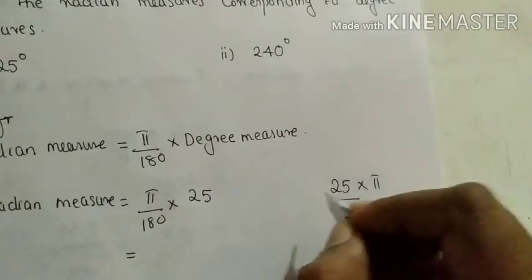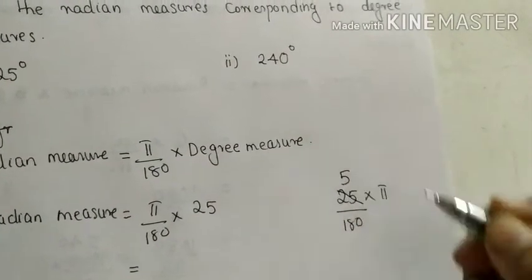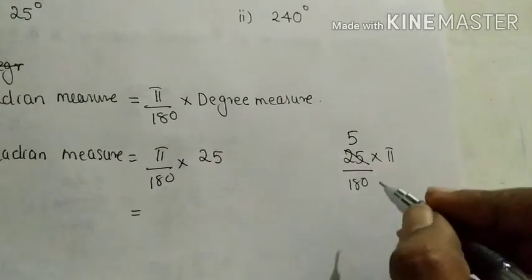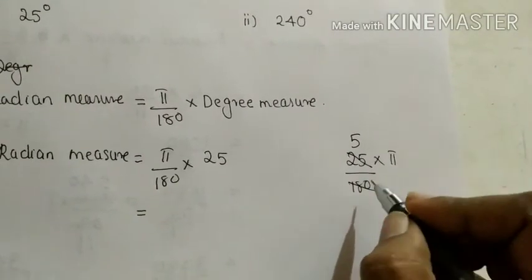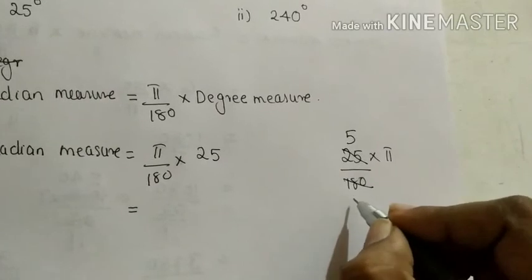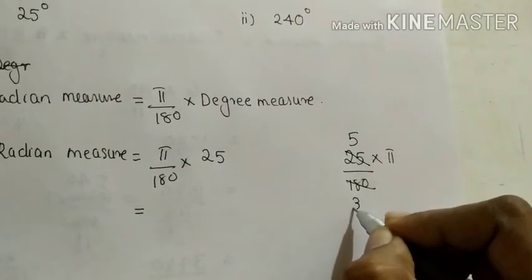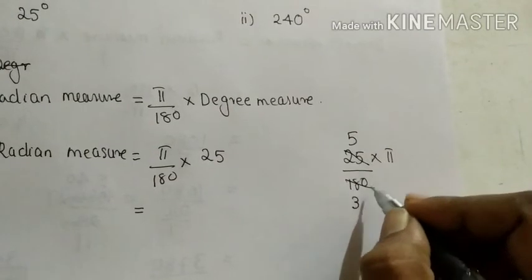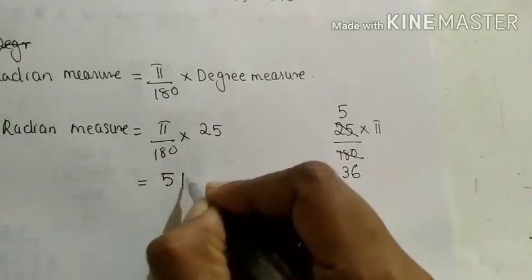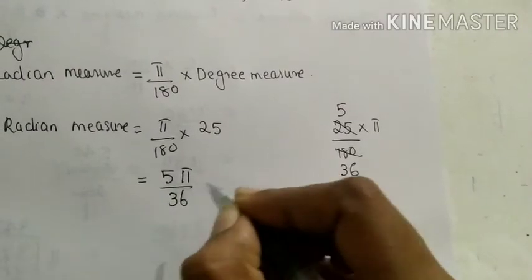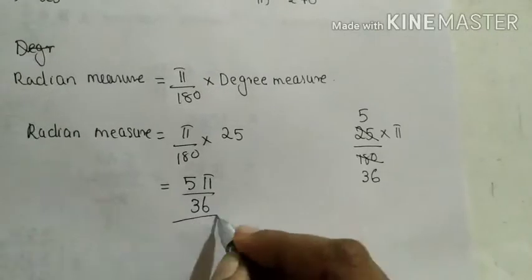So here using the multiplication table of 5 we get 5 here and 3 here, 3 into 5 are 15 and remaining is 36. Okay, so the answer will be 5 pi by 36 radian is equivalent to 25 degree.